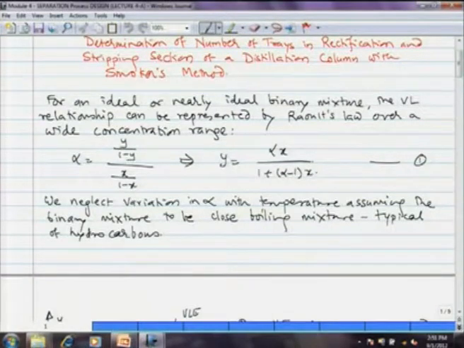Alpha is equal to y divided by 1 minus y, divided by x divided by 1 minus x, and this can be rearranged as y is equal to alpha x divided by 1 plus alpha minus 1 into x.